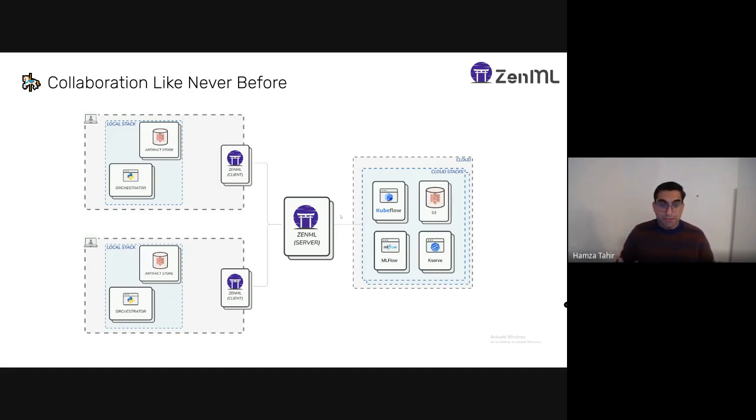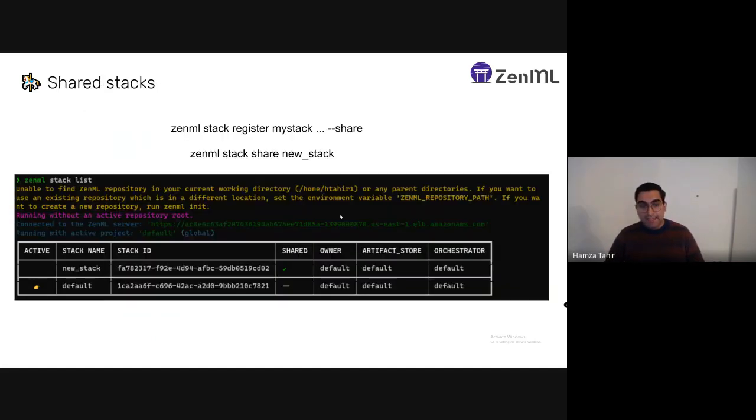Everything is centrally tracked. And if you have a teammate, all they have to do is ZenML connect. And then we have this notion of shared stacks. So you can actually share a stack with your team. So you can do ZenML stack share and then the name of the stack.